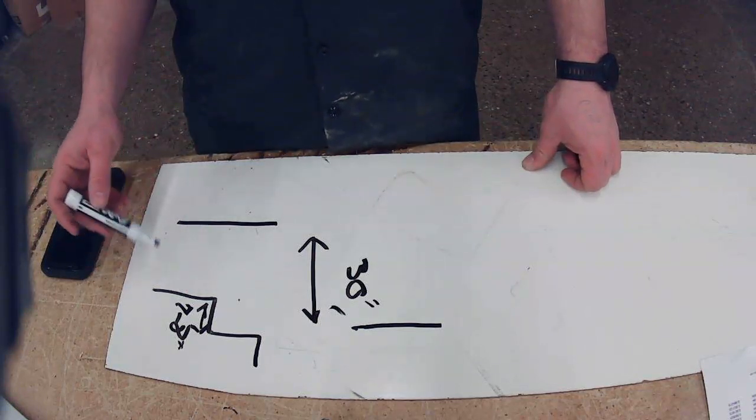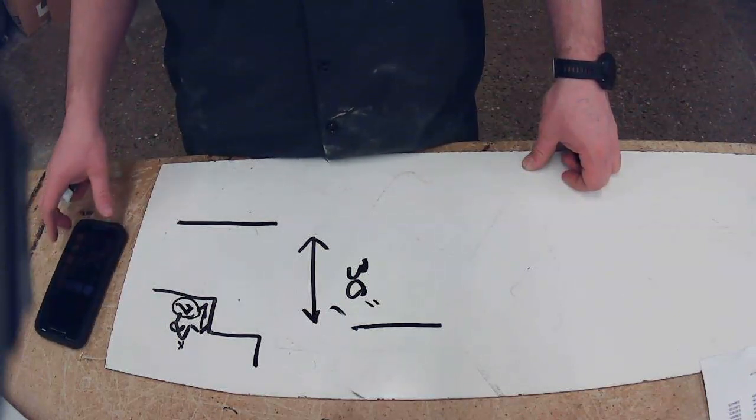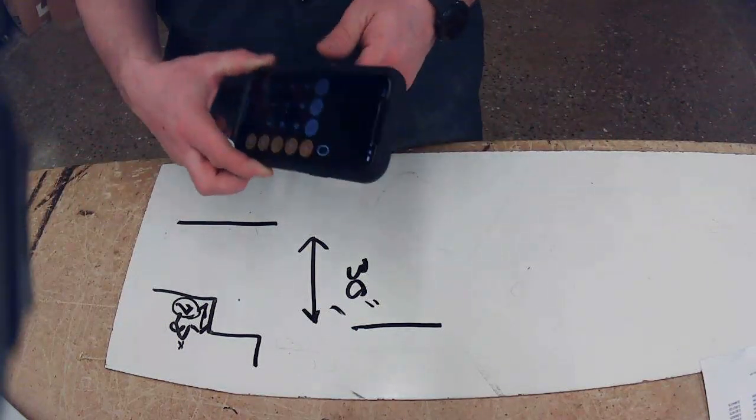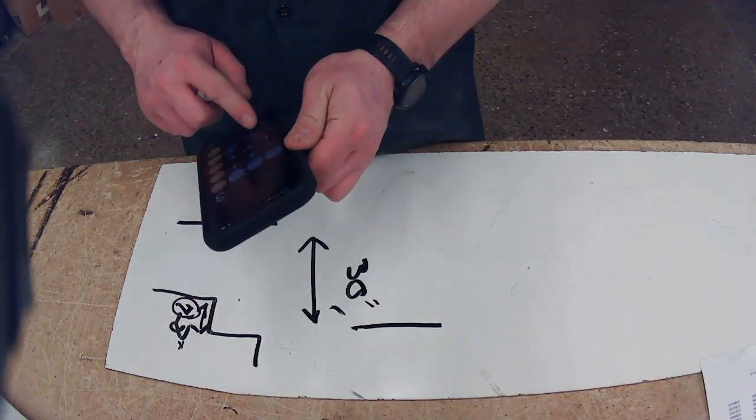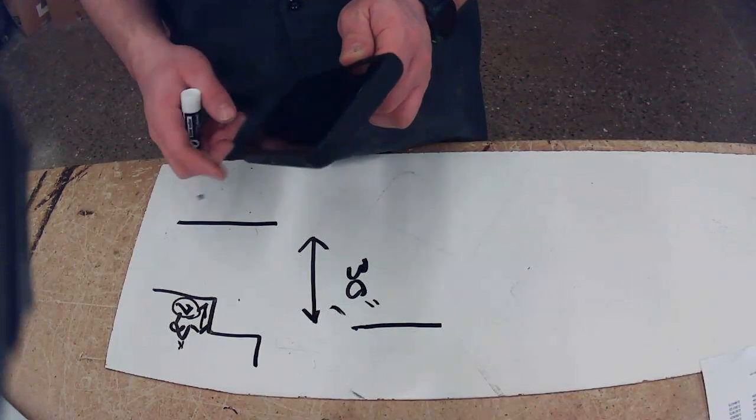We'll get to the tread later, but we just need this 7, and that's the minimum, so that's what we go with. So we use our calculator, and we do 30 divided by 7.